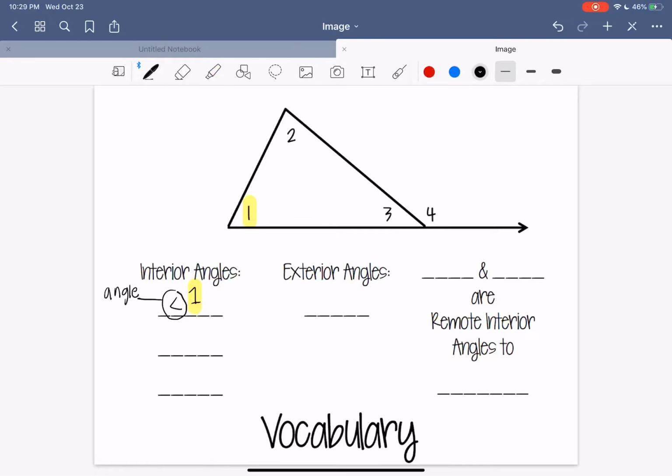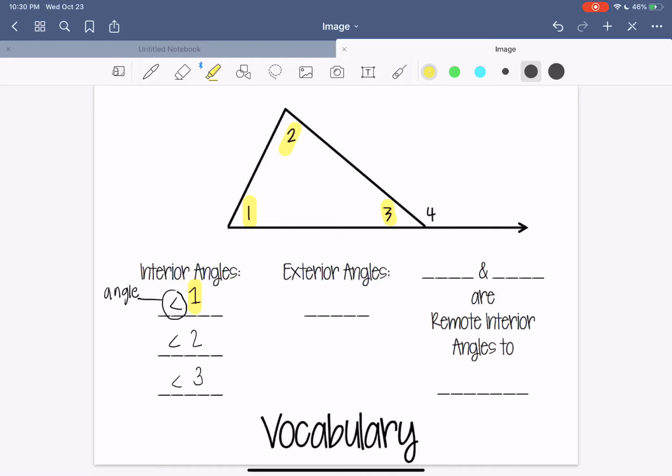So then we're going to move down, and it's kind of like a sideways V or a less than sign, however you want to think about it. Angle 2, also an interior angle. And then last but not least, we have angle 3. So that covers our interior angles.